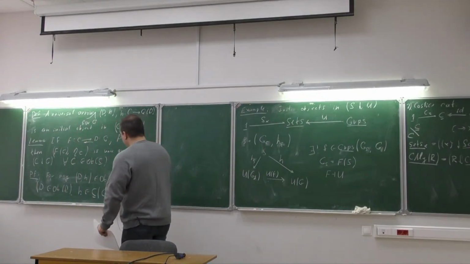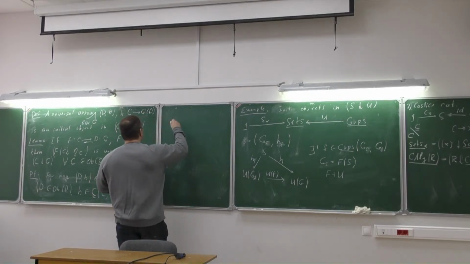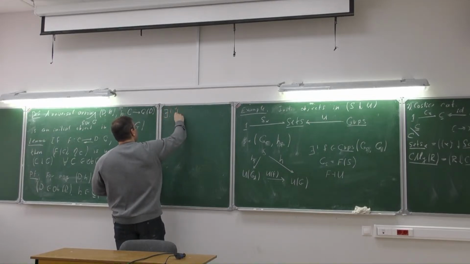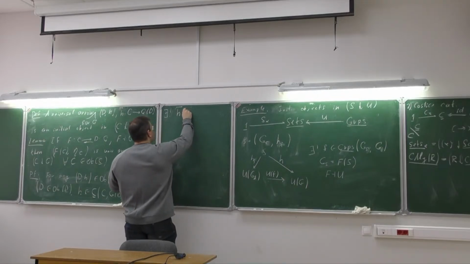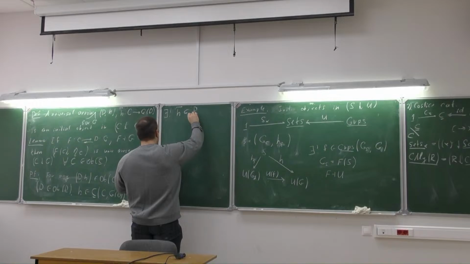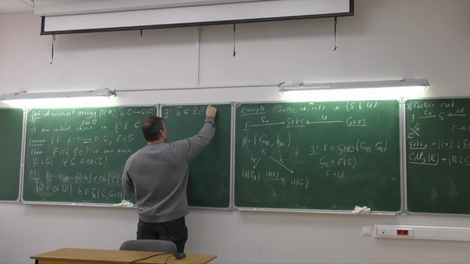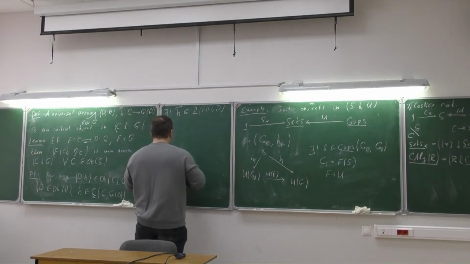Since this H lives in this hom space for the category C, we can say that there is a unique H bar which exists by the adjunction. So this is in the hom space of D from F of C to D.